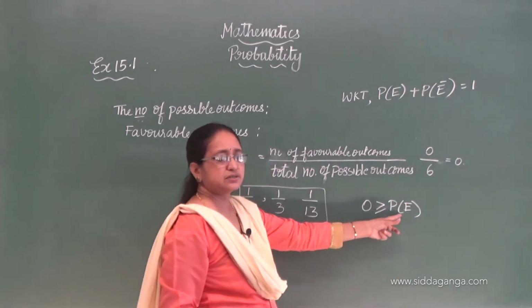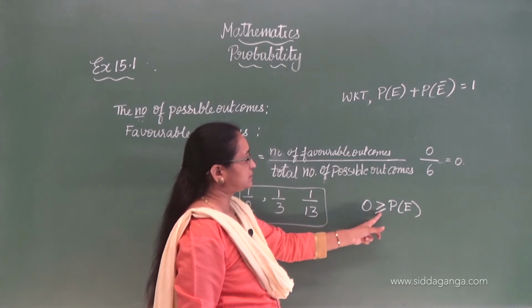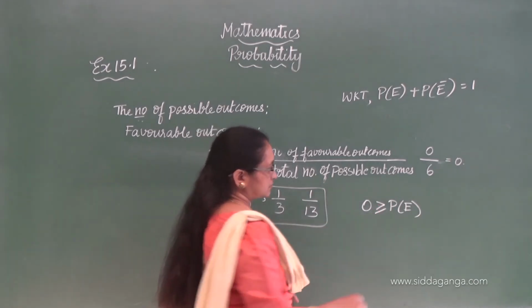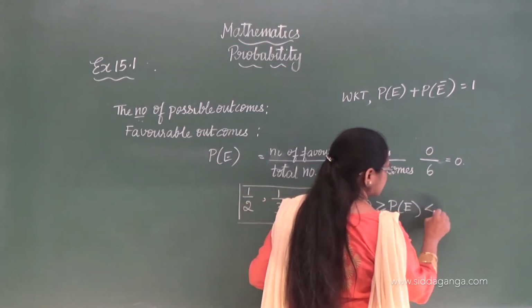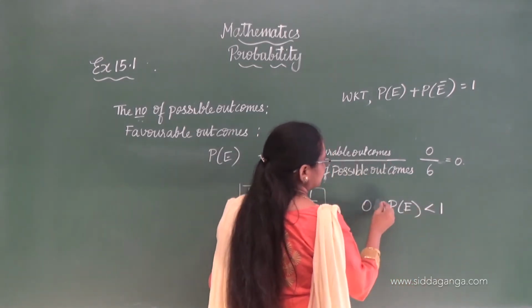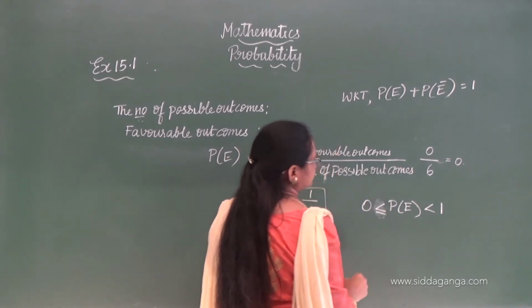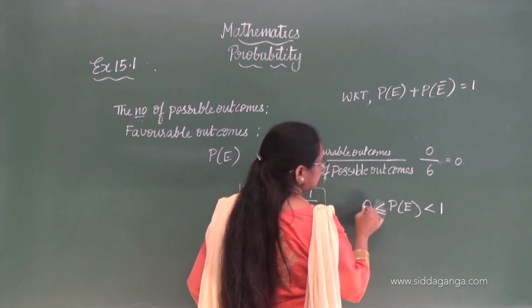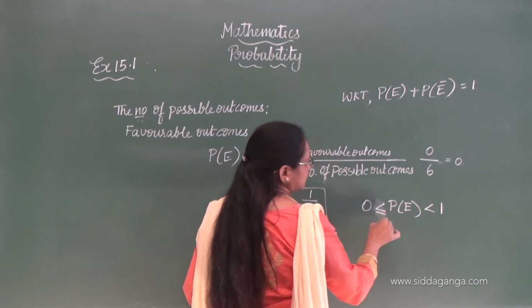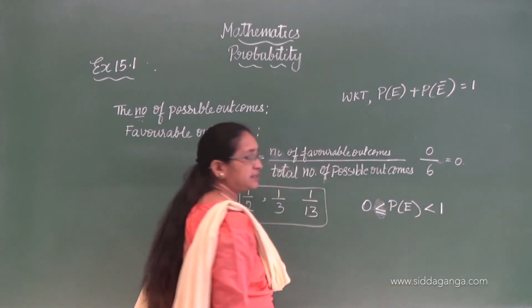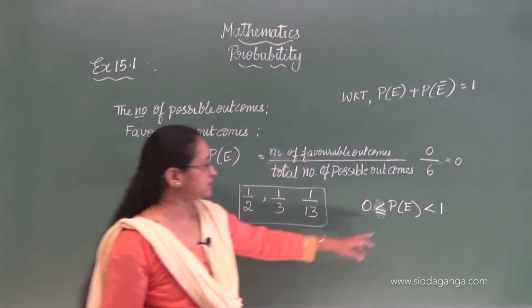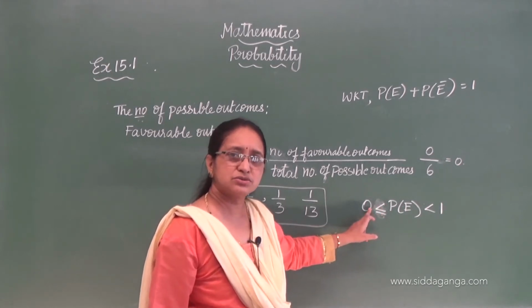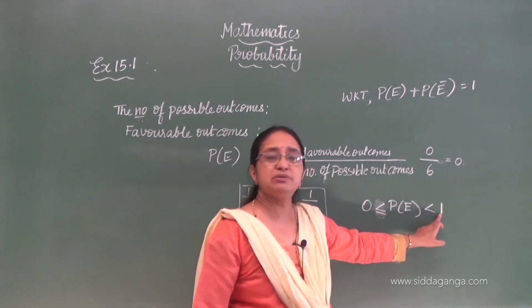Probability of an event will be greater than or equal to 0, but definitely it will be less than 1.